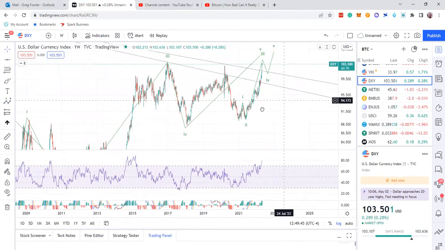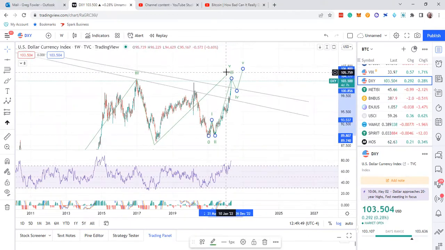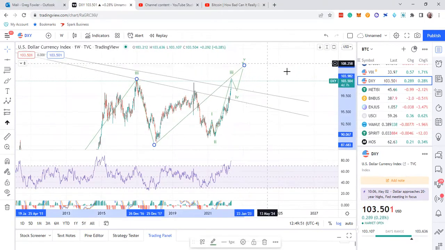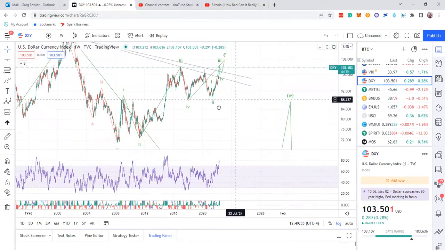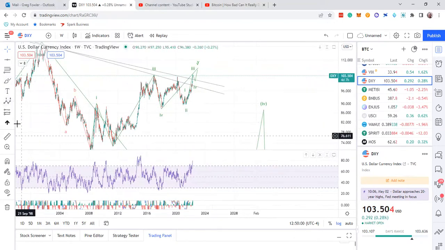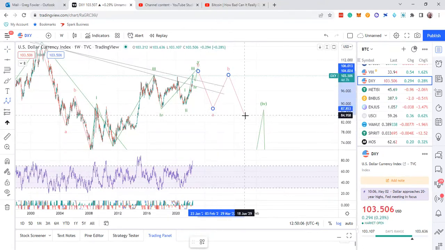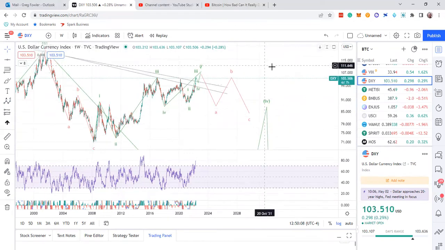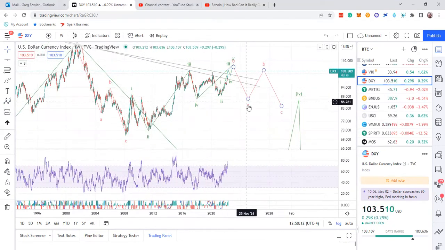And then maybe once that's done, okay, once the DXY is finished with that move, then you can get another one of these massive moves on the DXY. So 1, 2, 3, 4, 5, and then up, and then a massive one of these.